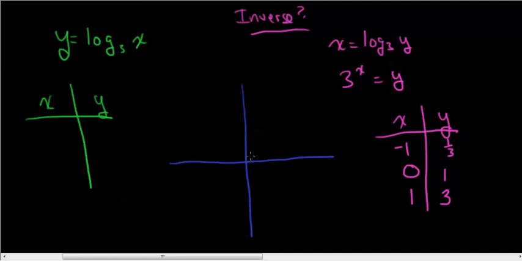So the points here are -1, 1/3, x equals 0, y equals 1, and x equals 1, y equals 3. I'm going to kind of exaggerate these a little bit. And we know an exponential looks like this.